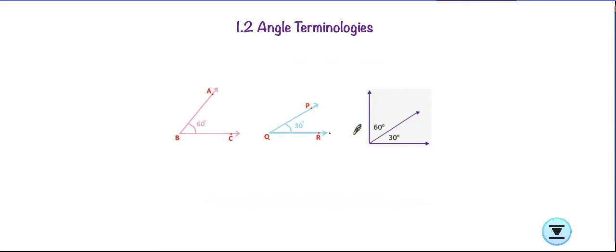Some students probably already figured it out. If I add this together, what do they equal? Yes, you are right, 90 degrees. Same thing here, 60 degrees plus 30 degrees equals 90 degrees.